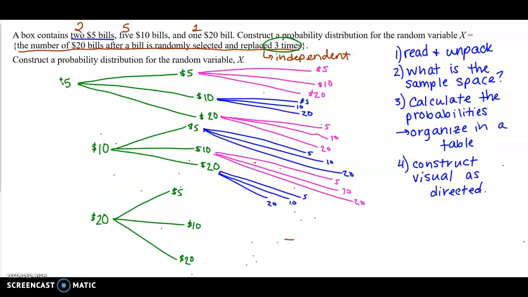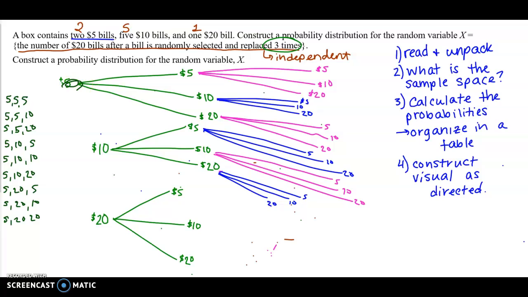Okay? So we could pick a 5, 5, 5; 5, 5, 10; 5, 5, 20. We could do a 5, 10, 5; 5, 10, 10; 5, 10, 20; 5, 20, 5; 5, 20, 10; 5, 20, 20.